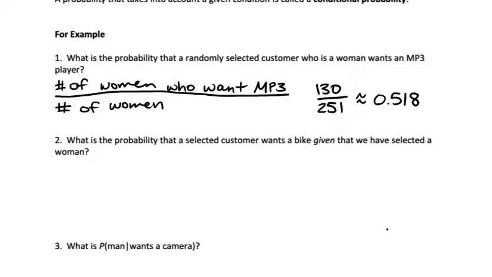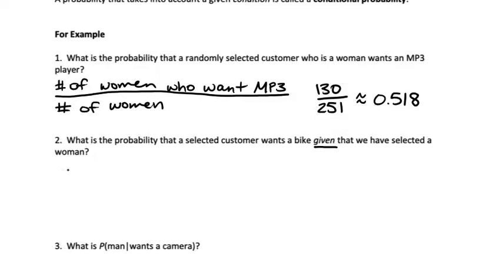So we want to know the number of women who want a bike out of the total number of women, because given that we have selected a woman means that we know that the person we've selected is a woman. And we want to know the probability that they will want a bike if we know that they are a woman.